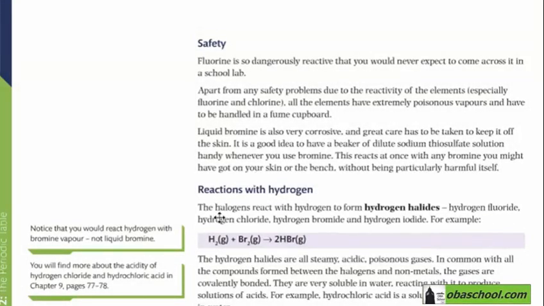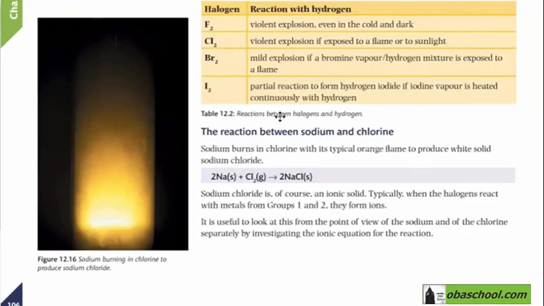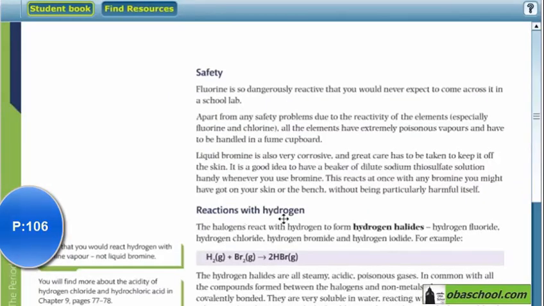In the table on page 106, it shows the reactions between halogens and hydrogen. What's the reaction and how does it happen? So let's start with page 106, the reactions with hydrogen.